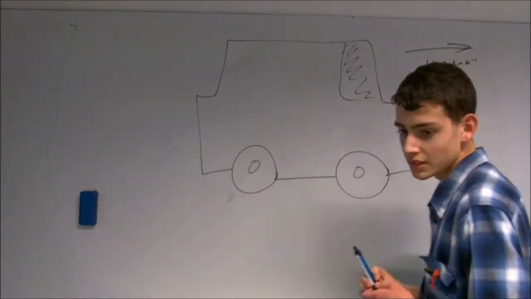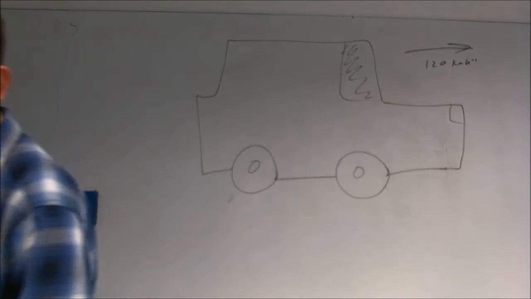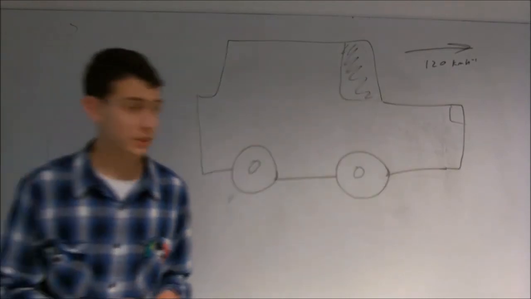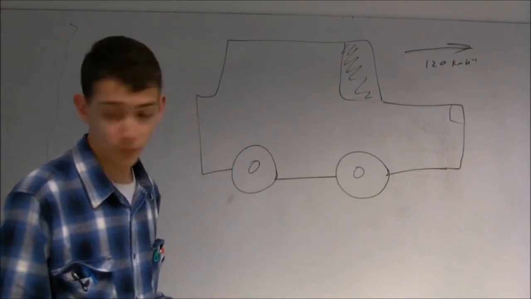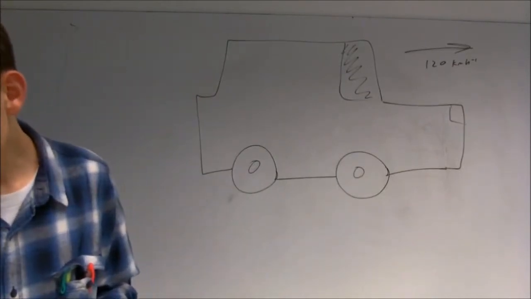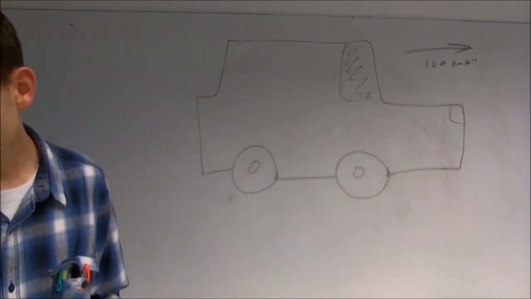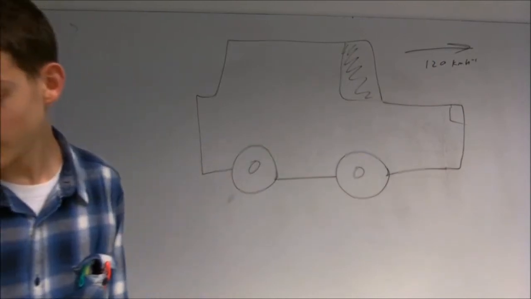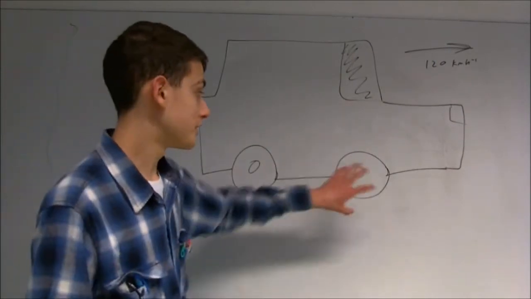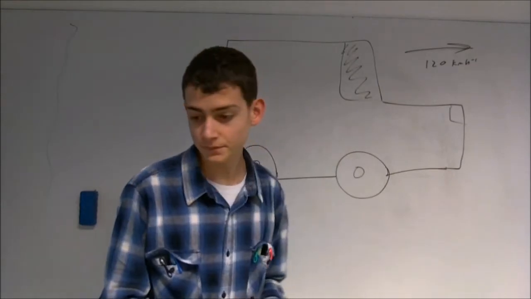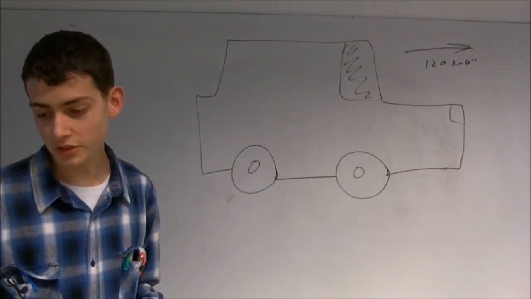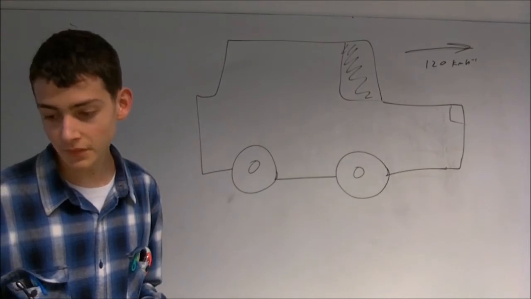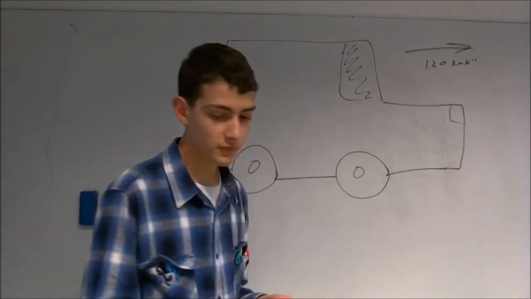And then it comes to a sudden stop. We're not dealing with acceleration. Doesn't matter how fast it stopped. What does matter is the fact that when it stops, for some reason, none of the heat went to the ground. It all went into the tires when braking. So all of the kinetic energy is transferred into heat energy in the tires.